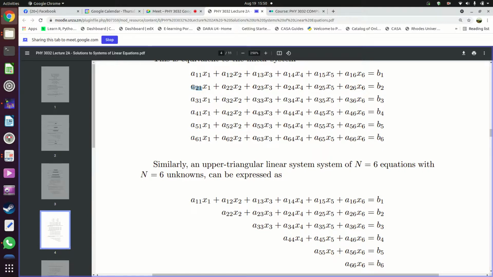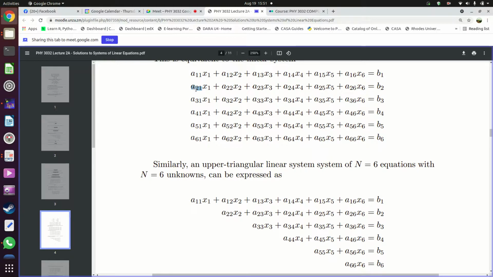So for you to create an upper triangular system, you need to make sure that for each coefficient where the row value is greater than the column value, you make that coefficient 0.